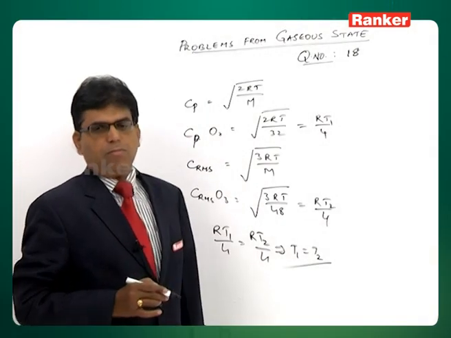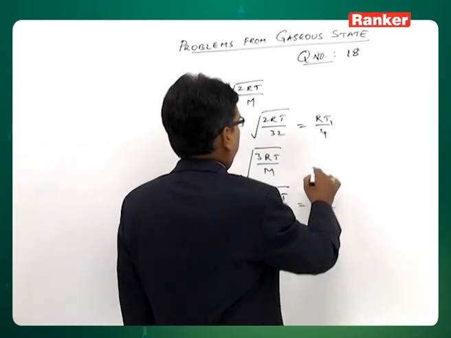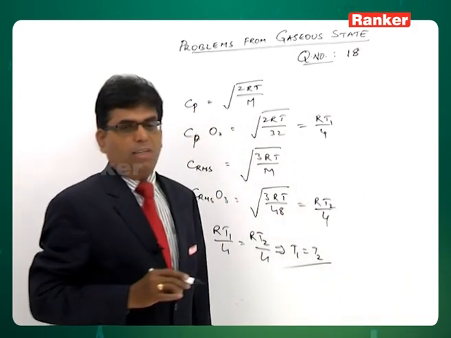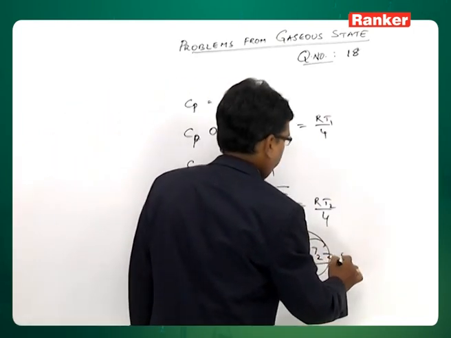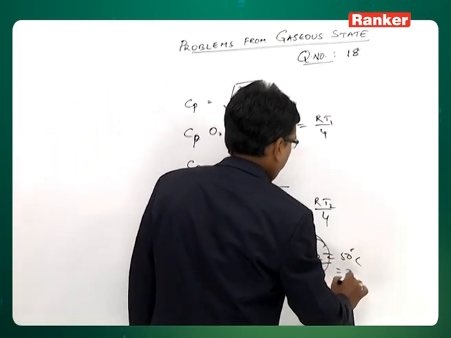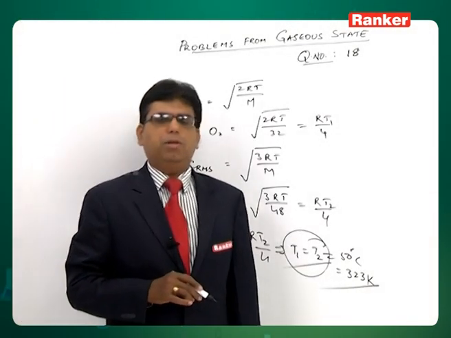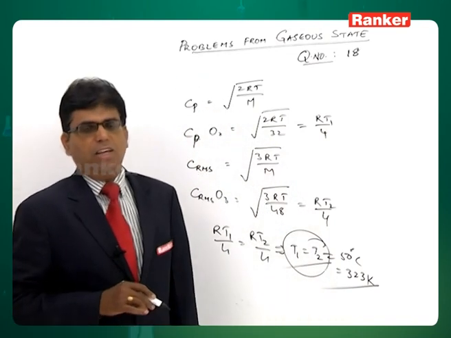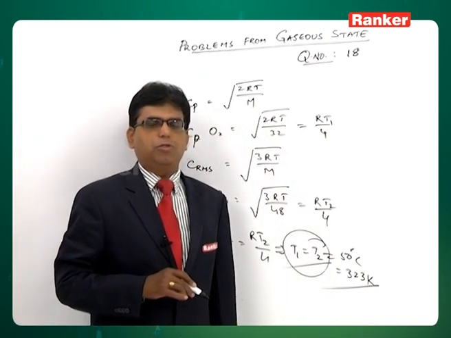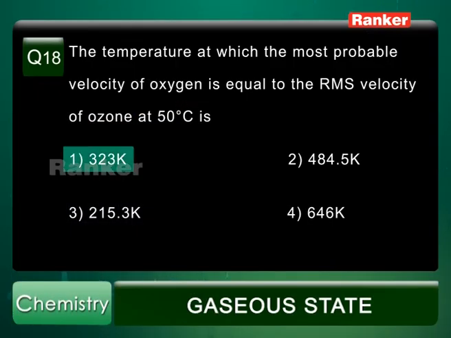So, that means at same temperature 50 degrees Celsius, that is 323 Kelvin. As T1 is equal to T2, that is equal to 50 degrees Celsius, that is 323 Kelvin. That is the answer. So, at same temperature 323 Kelvin, that is 50 degrees Celsius, ozone will have the same RMS velocity as that of most probable velocity of oxygen. So, the correct option is option number 1.